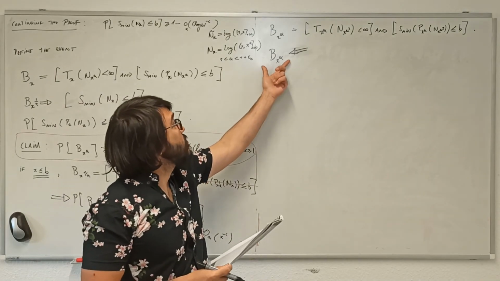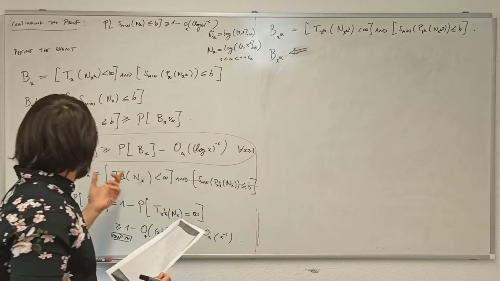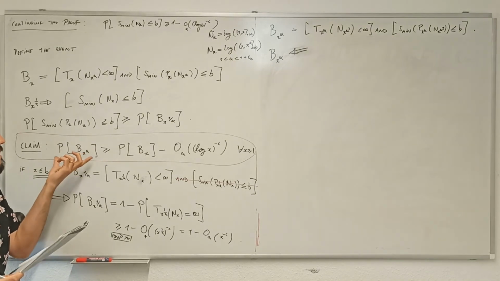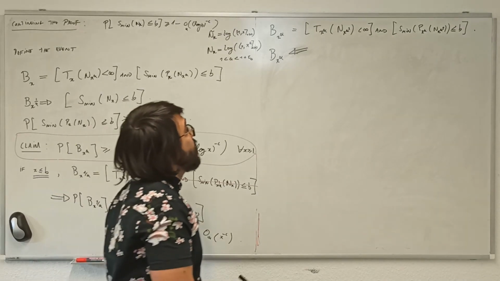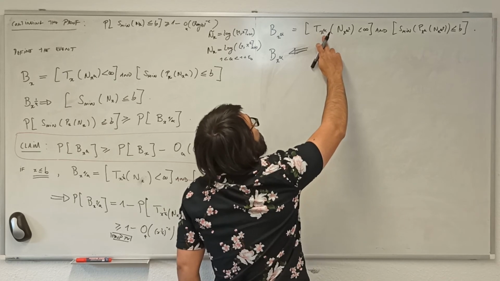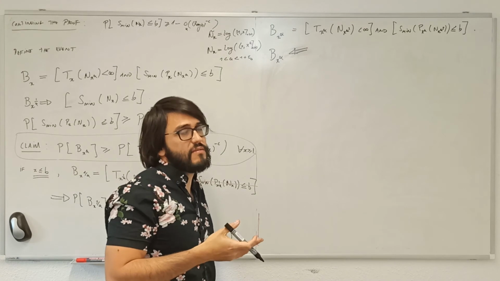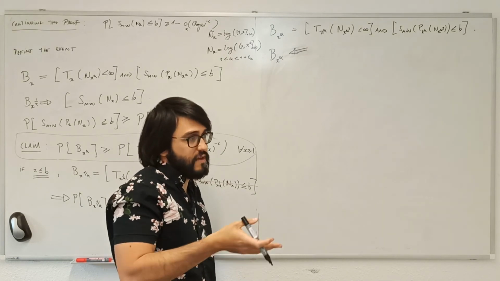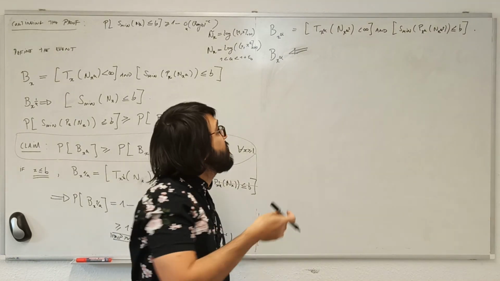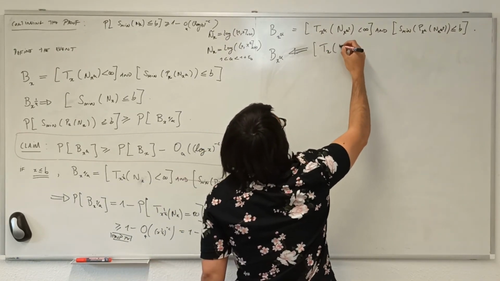Because this will be doing the larger event, so I can bound this from below. It's exactly what we want to do here. We want to bound this from below. So what implies this event? Well, I'm looking for things that eventually get below x to the alpha. But if x is less than x to the alpha, then if I get below x, I definitely get below x to the alpha. So I can replace this by x.